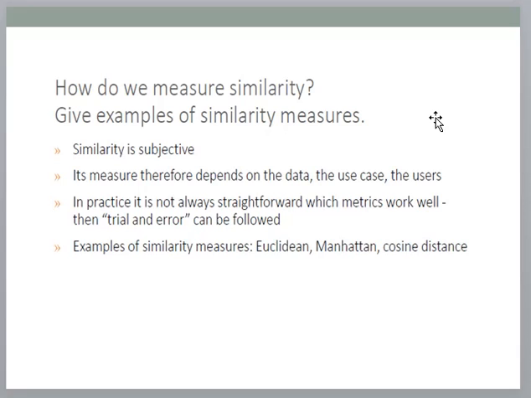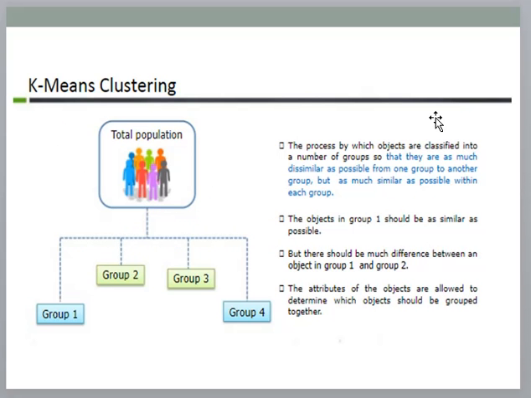So we can have a hit and trial rule, and check different similarity measures, and on the basis of these we can see which measure is working for what kind of data set, and then we can use that. Examples of similarity measures, as I have shown you earlier, are Euclidean distance, Manhattan, and cosine. These three are the most commonly used distance measures.